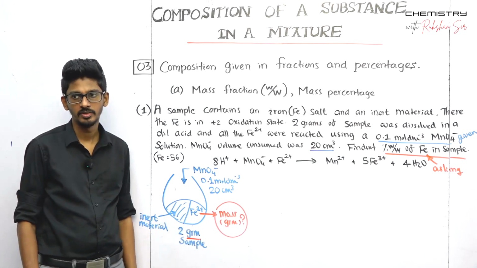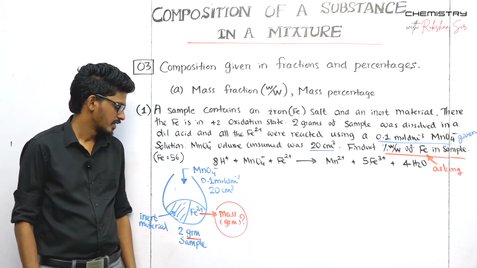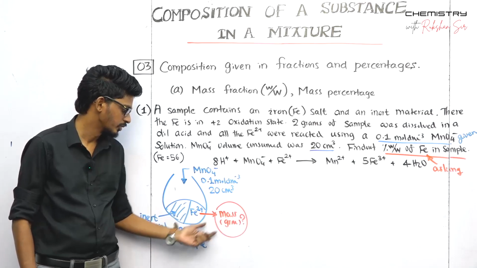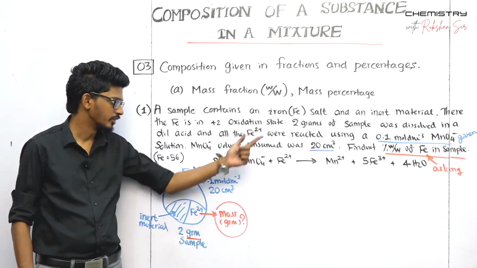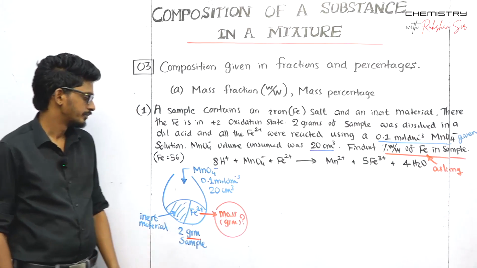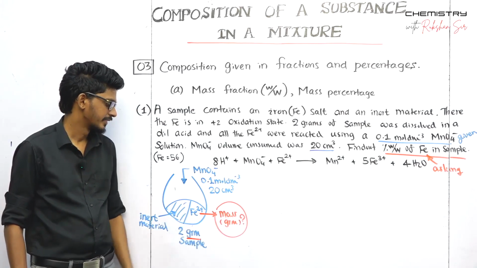That is our goal. If we are able to come up with the mass of the interested substance, we are done. You can divide the two and multiply by 100, which will give you the mass percentage. So let's try to come up with grams here.